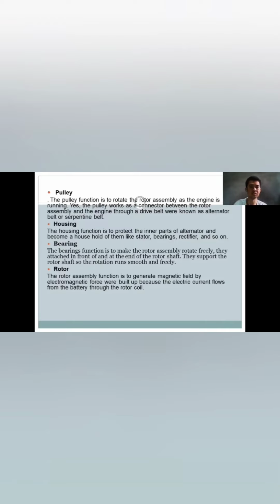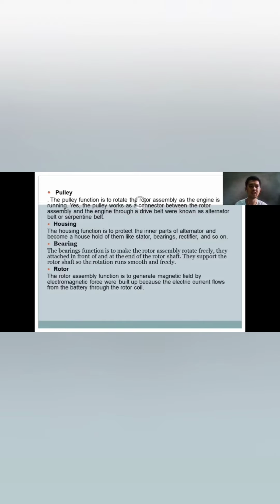There are three types of alternator pulley: solid pulleys, one-way clutch pulleys, and overrunning alternator decoupler pulleys. Even though they have different types, the function remains the same, to rotate the rotor assembly as the engine runs.